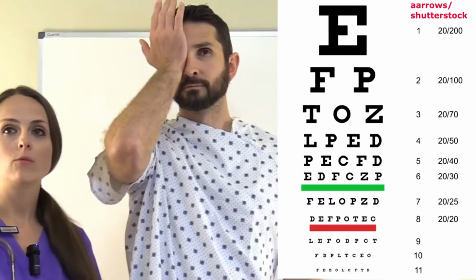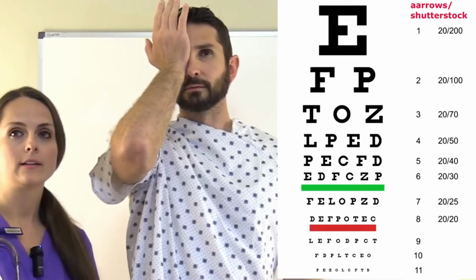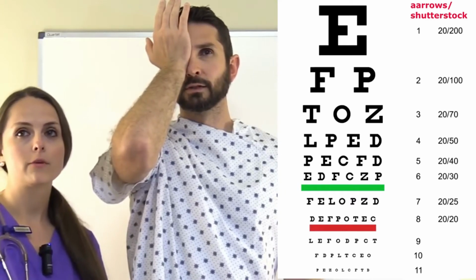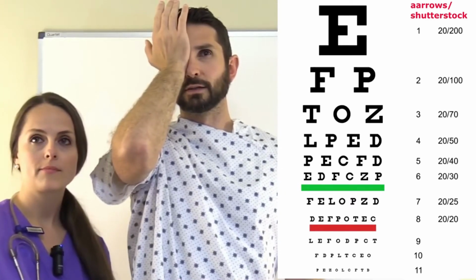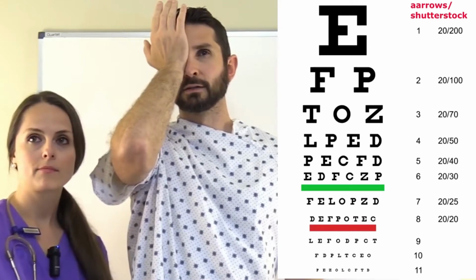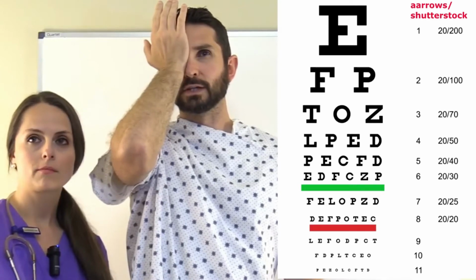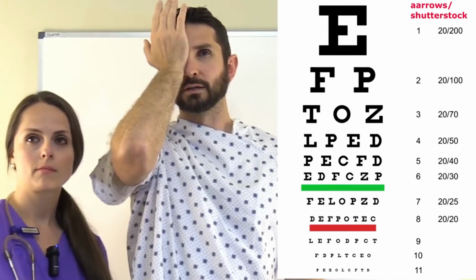And first we're gonna cover your right eye, then your left eye, and then we'll do both eyes, okay? So cover your right eye. Okay, and what line can you read? 8. Okay, read it for me. D, E, F, P, O, T, E, C. Okay, very good.